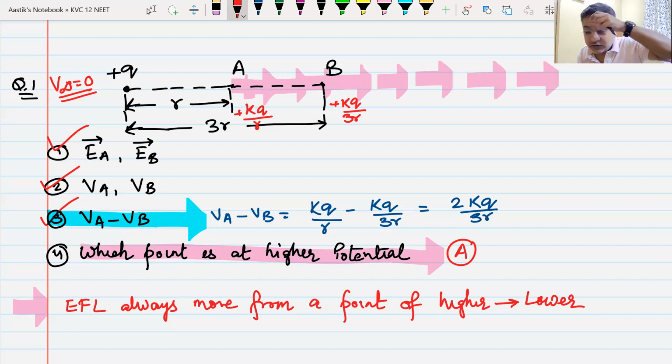Are we paying attention to what we are writing, beta? Have we noted it down, boys? Yes, sir. Electric field lines will always flow from a point of higher potential to a point of lower potential.